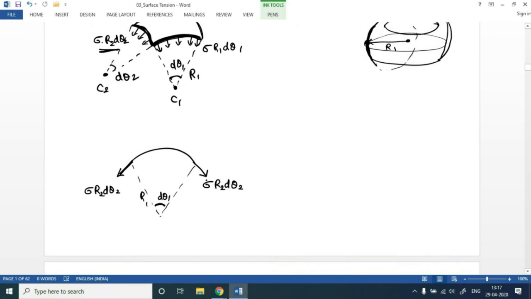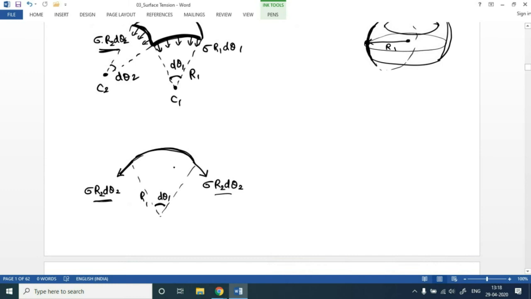The horizontal components of these two forces will cancel each other, and the vertical components will add up. So basically this surface tension force is trying to exert a force inward towards the center, towards their respective centers, on this small area.